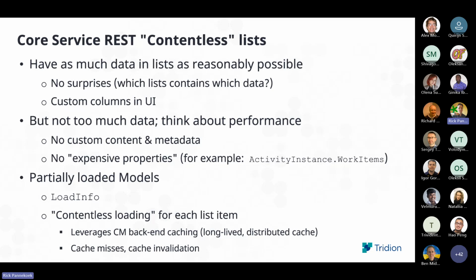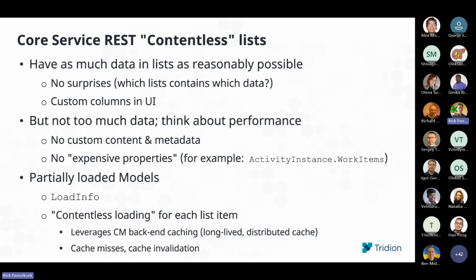But that's per list, and it's admittedly not super well documented. So you just have to experiment a bit per list to see which properties you get and which you don't. If there's anything you're not getting but you do want, you have no other option than to do another round trip and get that additional data. That's what we wanted to avoid in the course of REST.